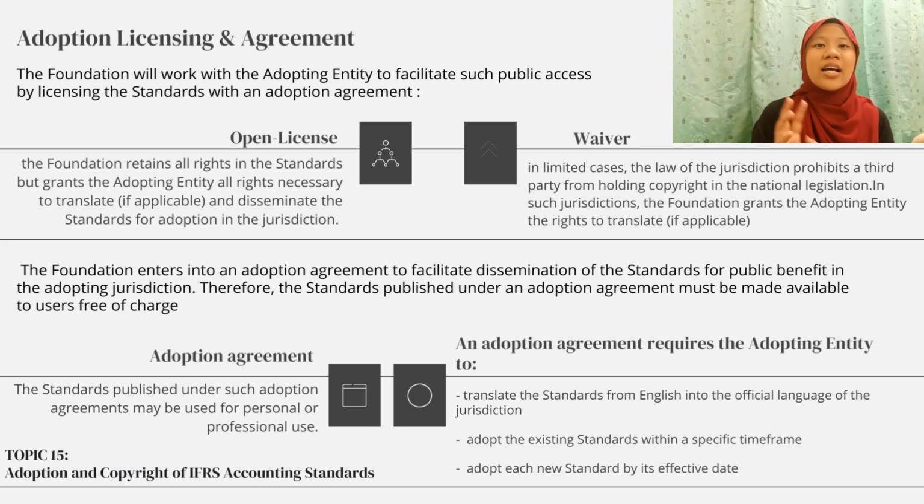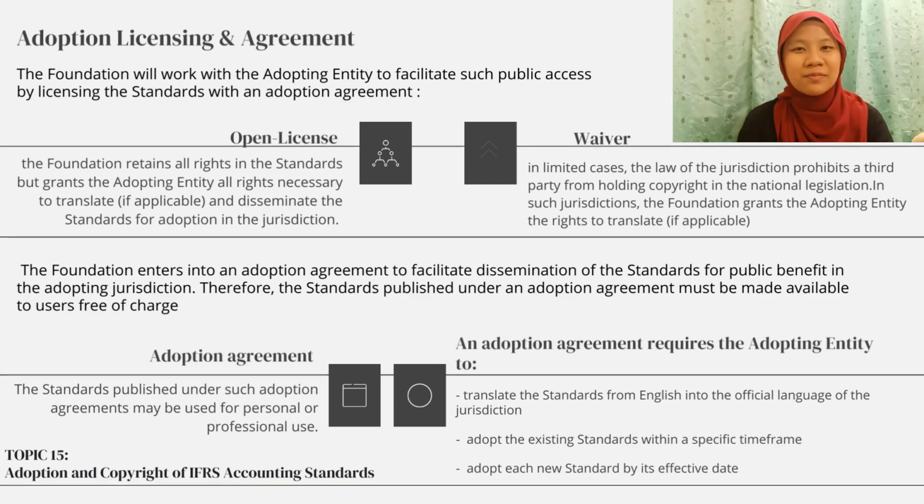And last but not least, to adopt each new standard by its effective date. This includes translated standards, which must not have an effective date later than the effective date of the English pronouncement. Therefore, it is essential that the adopting entity from the outset establish a robust and sustainable translation process.